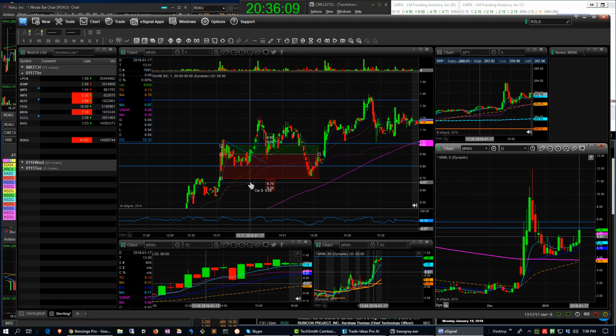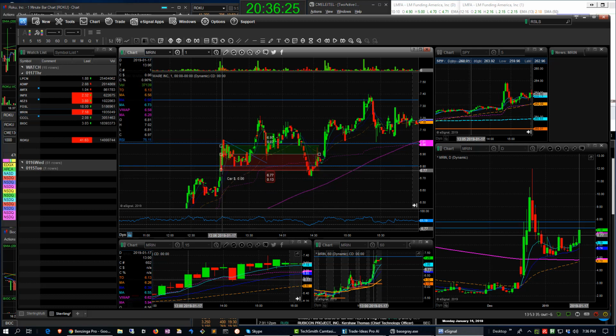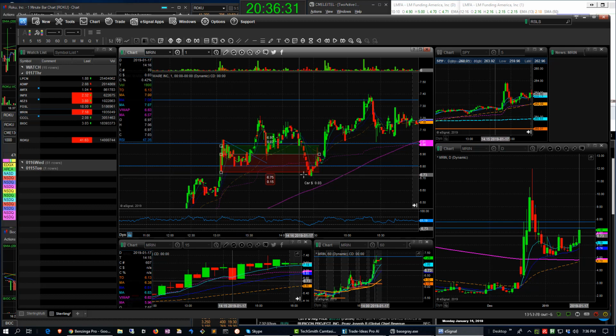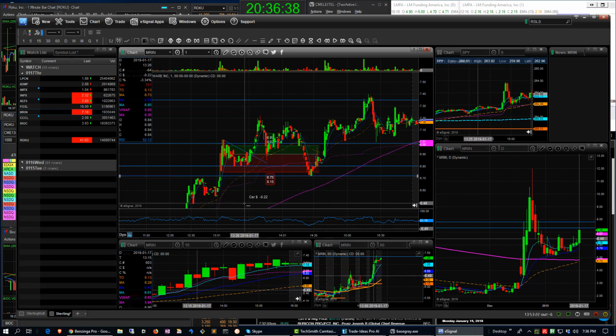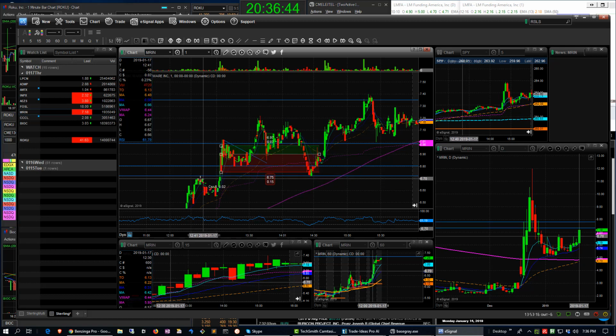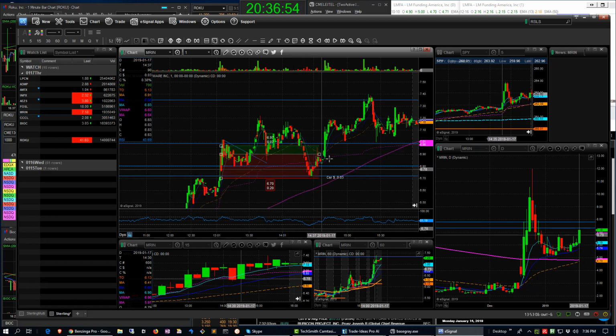Now the problem was I sold at this point because I was stopped out, because my stop was too close. As I'm looking at this, you can see this line right here where it came. So my stop loss was a little bit too tight. If I had used this level as a stop, right about there, it would have avoided that stop.